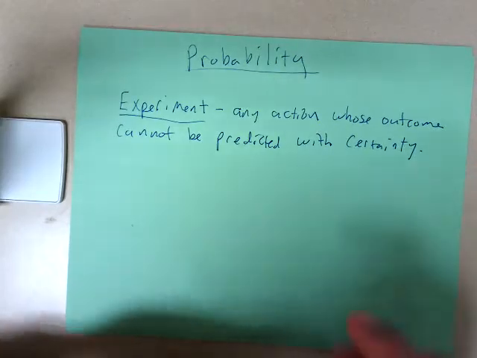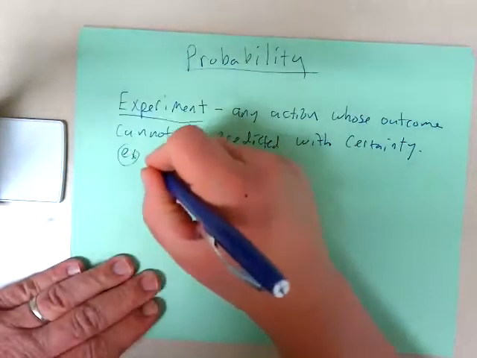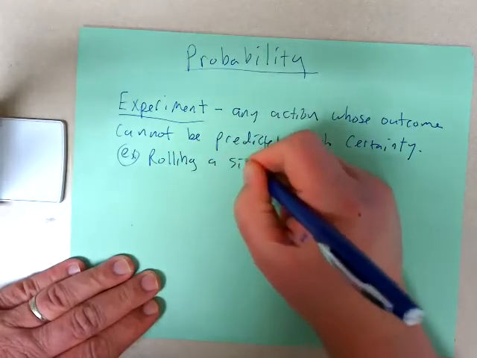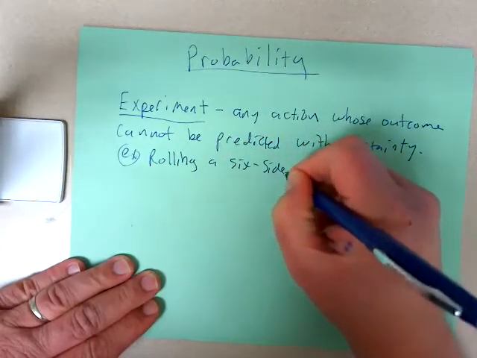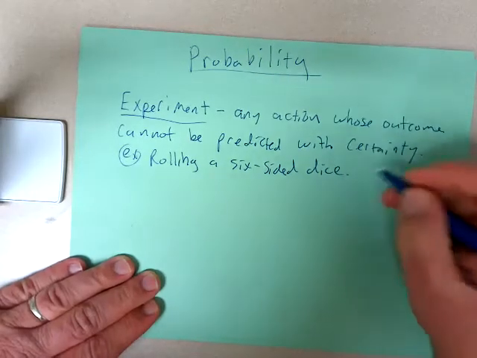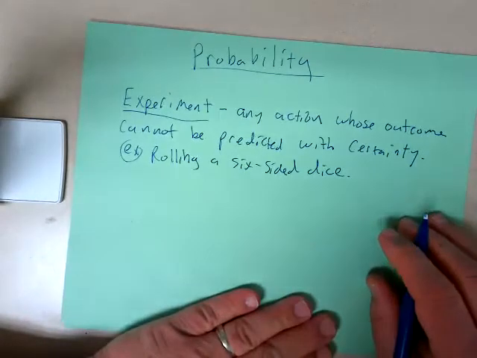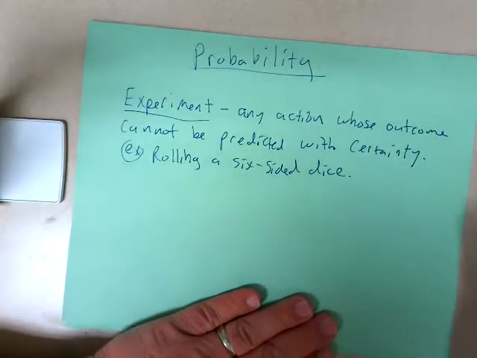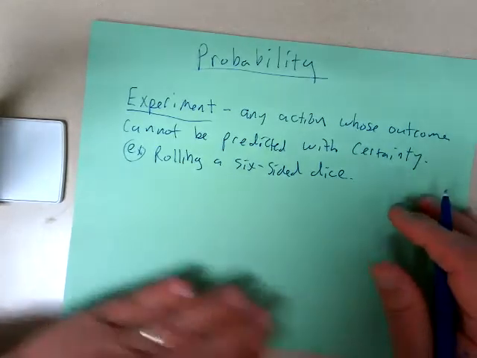So some examples might be rolling a 6-sided dice. Right? You can't predict with any certainty what number is going to come up. Okay, so we would say that's a probability experiment.